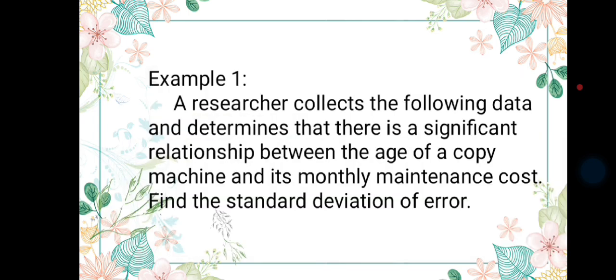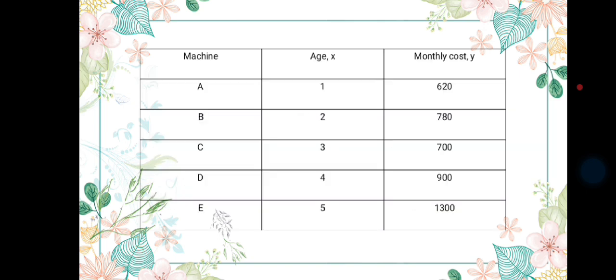Example: a researcher collects the following data and determines that there is a significant relationship between the age of a copy machine and its monthly maintenance cost. Find the standard deviation of error. Let's have three columns: the first column for machine, the second for age, the third for monthly cost.